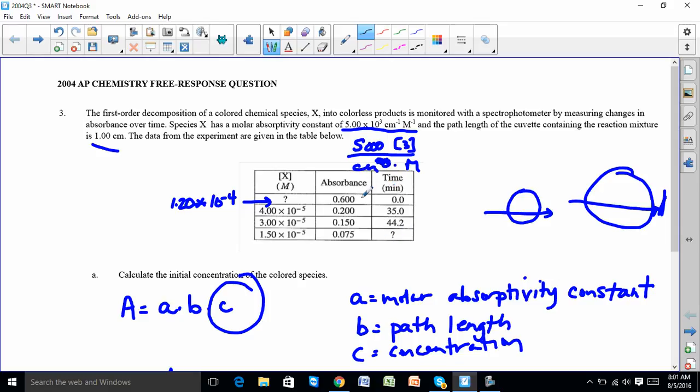What is this number when the absorbance has dropped all the way down to 0.075? Remember, the solution's getting lighter, so more is transmitting and less is absorbing.